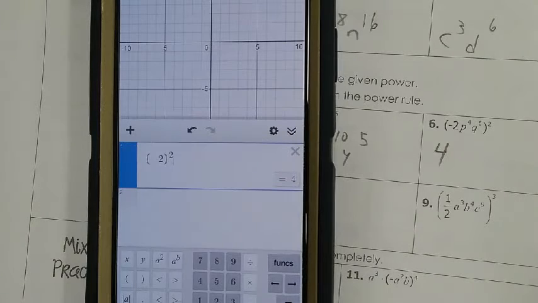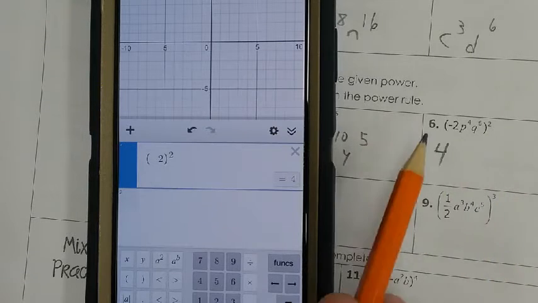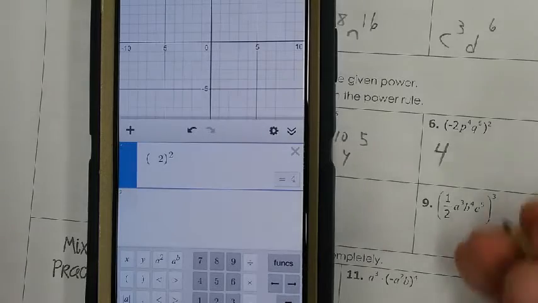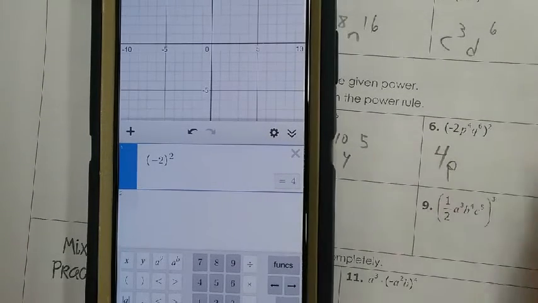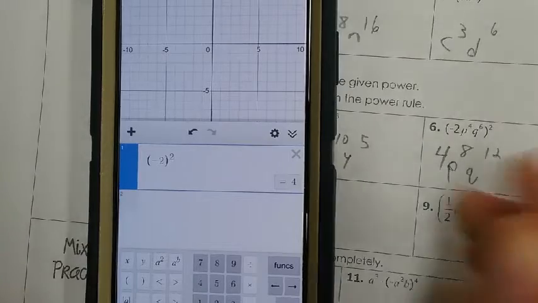Anybody got a guess on what it would have done if you did not have parentheses? It would have made it -4. And that's not right, because what this is saying is -2 times -2. It's not saying -2 times 2. It's saying -2 times -2. And then what would our P change to? 8. Q would change to 12.